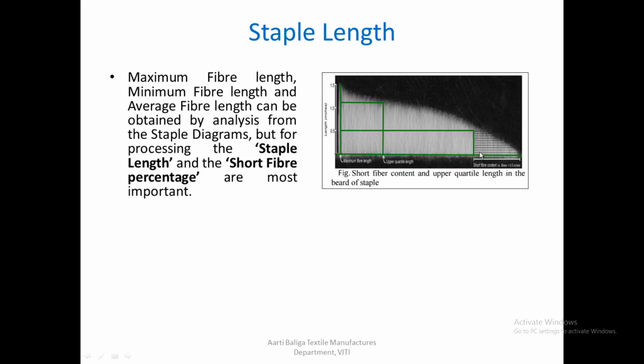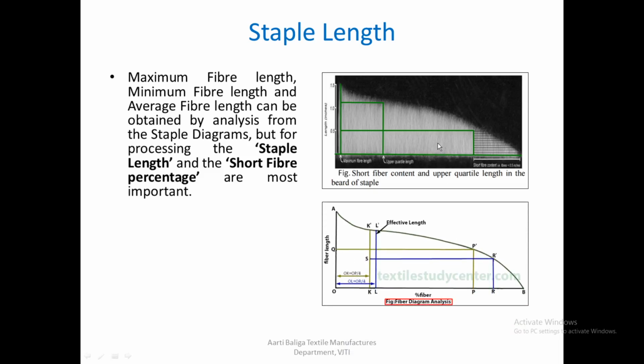So now, how do we use this for processing? From this diagram, what you can get is this trace on a paper, and using this trace, I can get this particular length, which is somewhere here, which is not the average length, and which is called the effective length. How do we get this length?